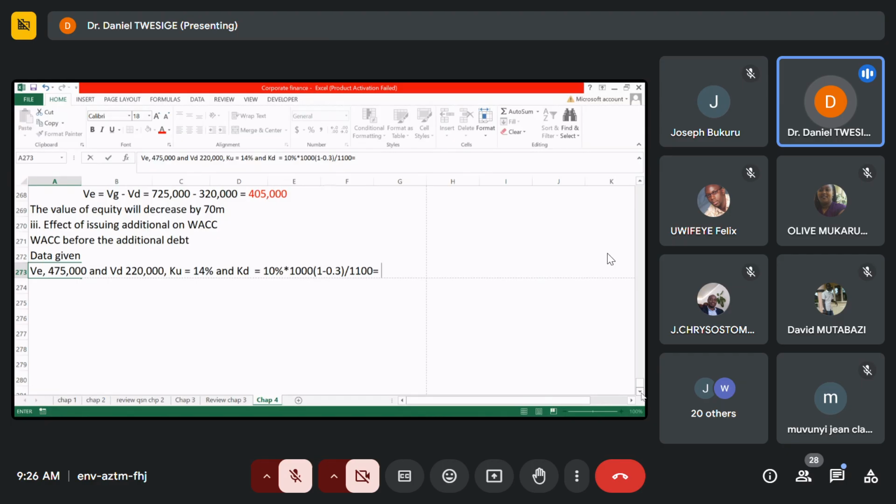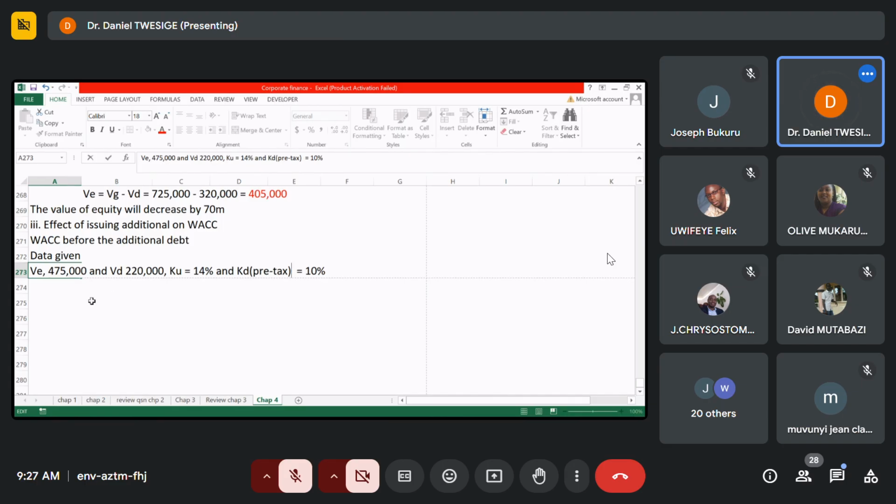Since we have tax in the formula, we can leave this first. Let's take the KD, which is pre-tax.